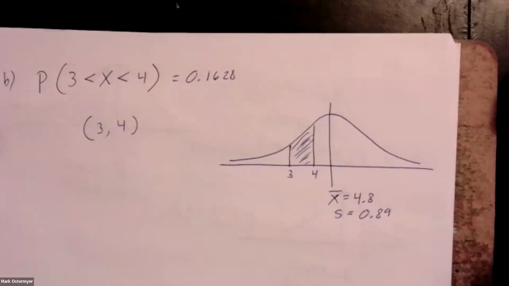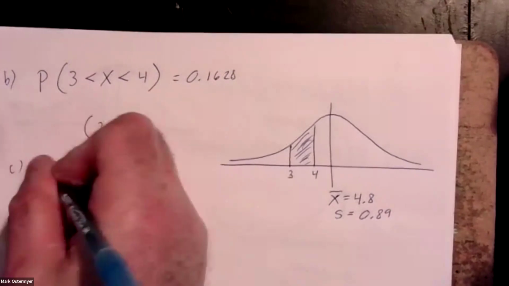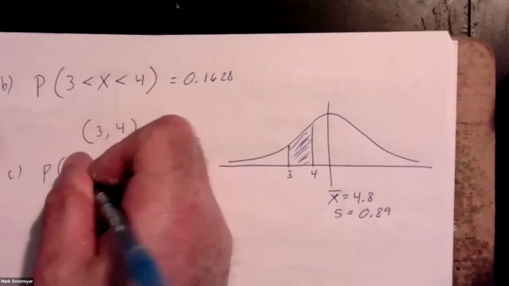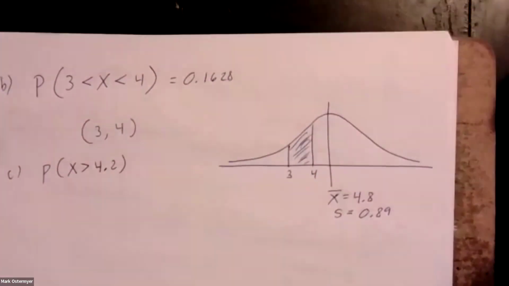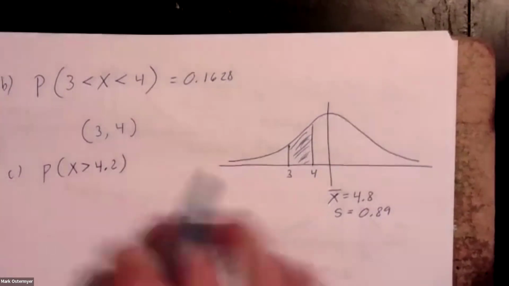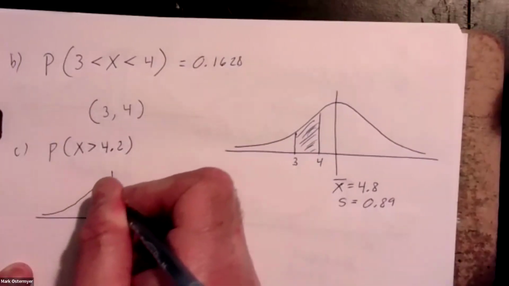Finally, for part C of this question, they want us to compute the probability that somebody keeps their TV for more than 4.2 years. That is going to be equal symbolically to this probability here. And graphically, that is going to be this area.